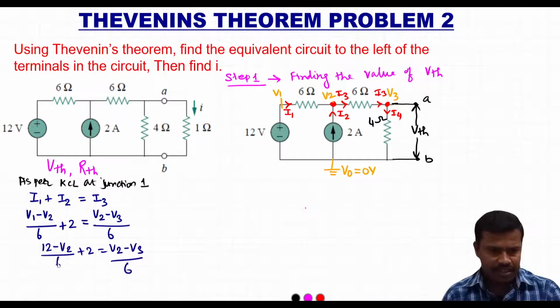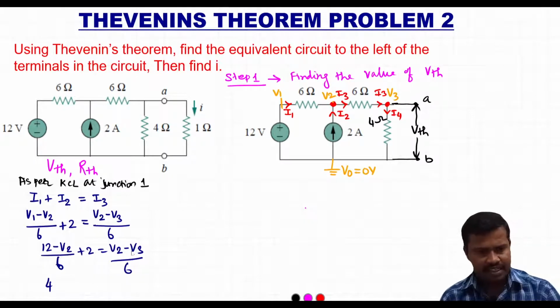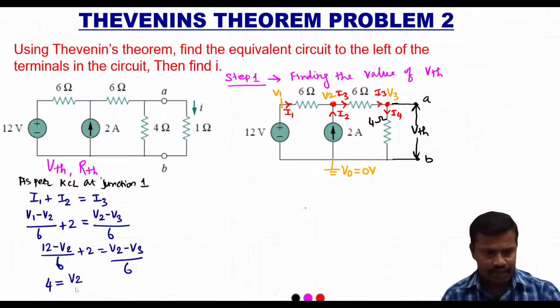On simplification of this equation, 12 by 6 is 2, and this plus 2 becomes 4. This negative V2 by 6, when transferred to the right hand side, becomes positive V2 by 6. Already one V2 by 6 is available, so 2 V2 by 6 becomes V2 by 3. So we can write 4 equals V2 by 3 minus V3 by 6.